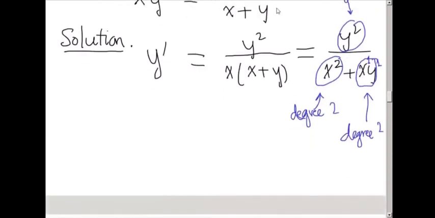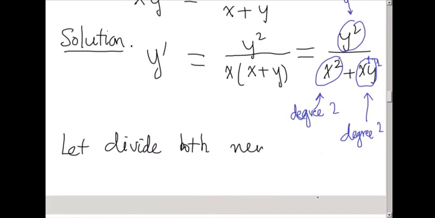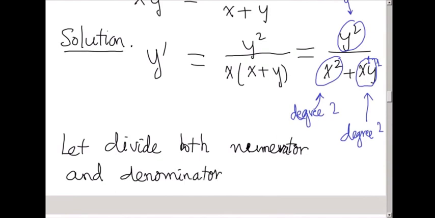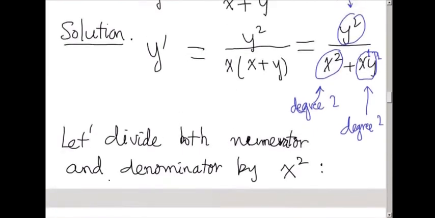So how to see that? Everything has degree 2. Let us divide both numerator and denominator by x squared to see what happens.